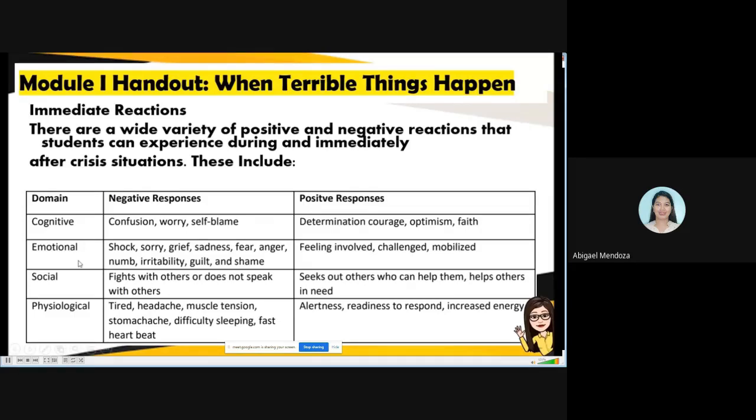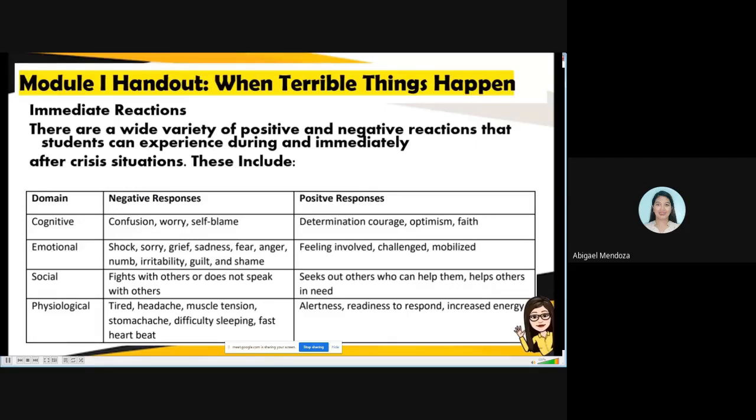Emotional domain, negative responses: shock, sorrow, grief, sadness, fear, anger, numbness, irritability, guilt, and shame. Positive responses: feeling involved, challenge, and mobilize. Social domain, negative responses: fights with others or does not speak with others.